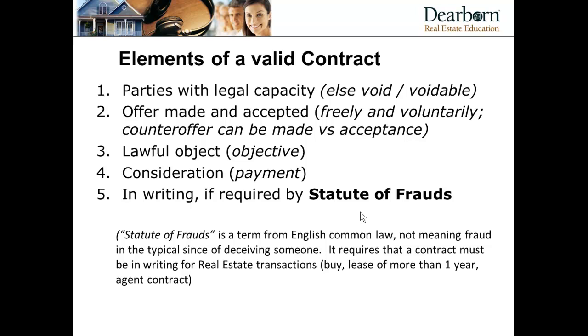Typically a minor cannot enter into a contract unless they're an emancipated minor, but they have to be of age. They have to be an adult, and they have to be mentally sound. So at the other end of the spectrum, if there's an aged person that's not mentally sound, they can't enter into a contract and the contract be valid.